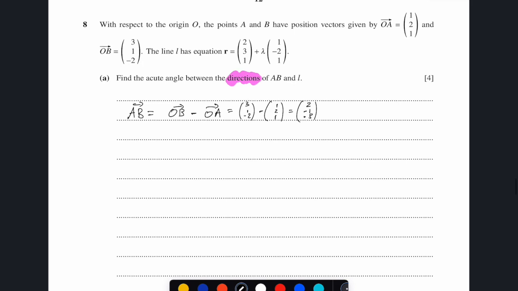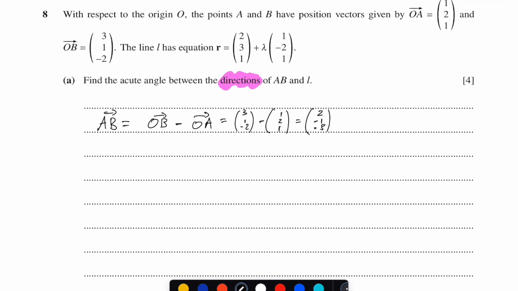Right? Now, direction vector of L is (1, -2, 1). Okay.